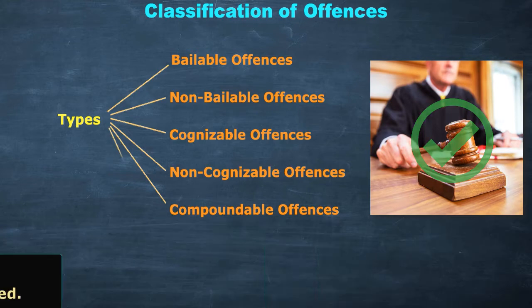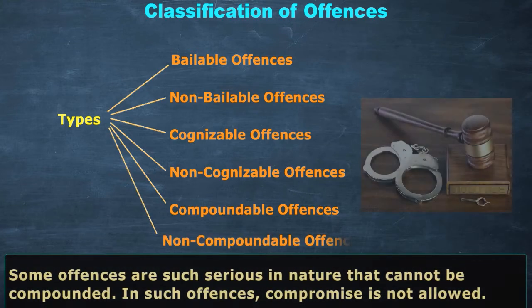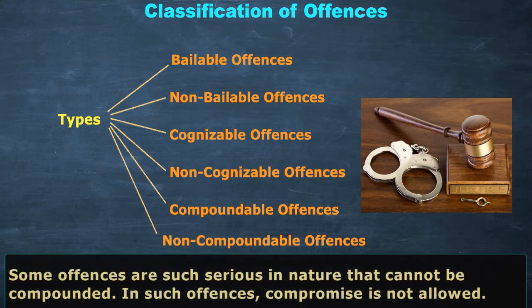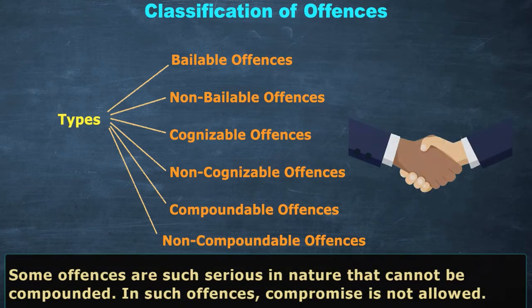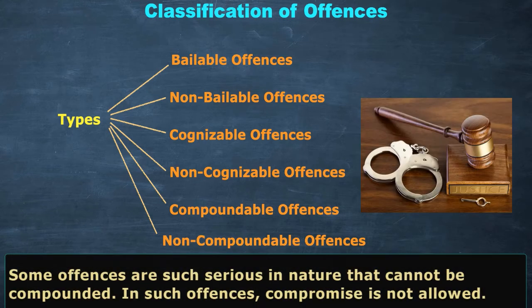And the last one is non-compoundable offense. Some offenses are so serious in nature that they cannot be compounded. In such offenses, compromise is not allowed. Only prosecution is allowed in such kinds of offenses, such as murder, rape, etc.